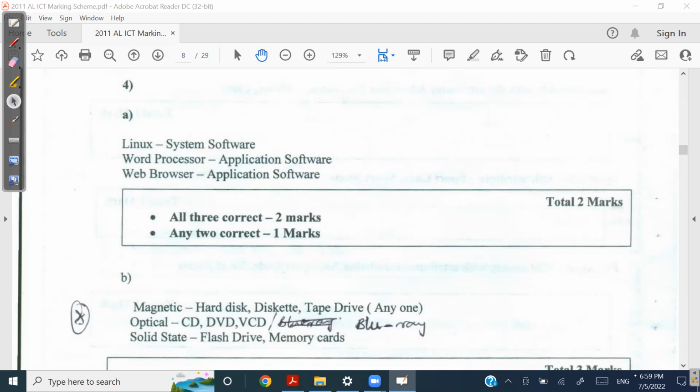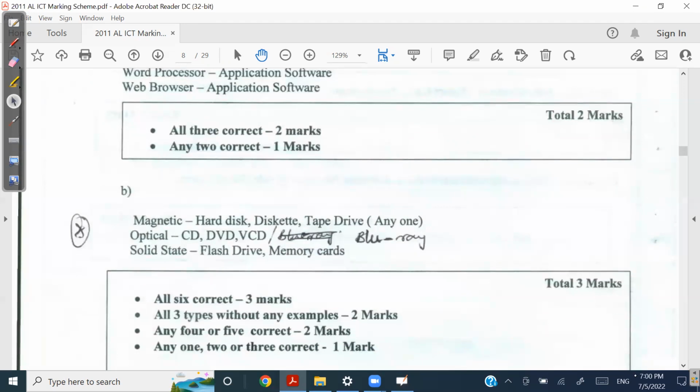The examples are, for magnetic, hard disk, diskette, tape drive. Optical: CD, DVD, VCD, Blu-ray. For solid state: flash drives, memory cards, solid state disks. Those kinds of things can be taken.